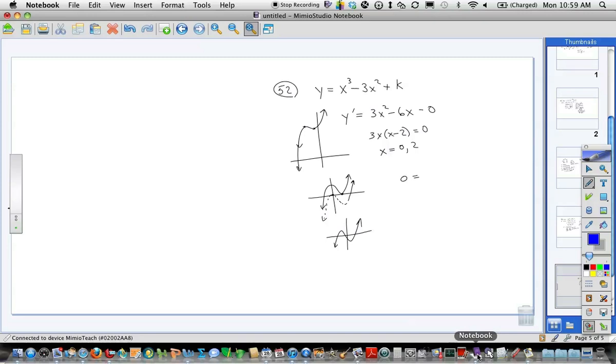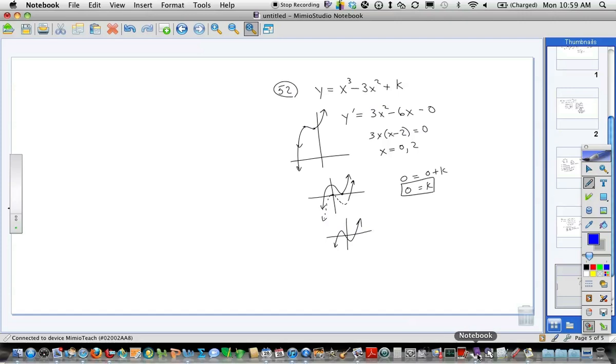Well, that's easy. k would equal 0, right? That's when I'd have this scenario, when x is 0, y would be 0. That's when it would touch the origin, okay?